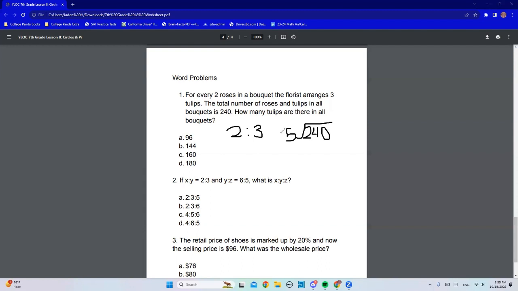In each pair there would be 5 flowers in total, and that would get you 48. So let's multiply both sides by 48 to get this to 240 in total. So 2 times 48 is 96. And then 3 times 48 is 144. Since the tulips are the ones that have more, the final answer would be B.